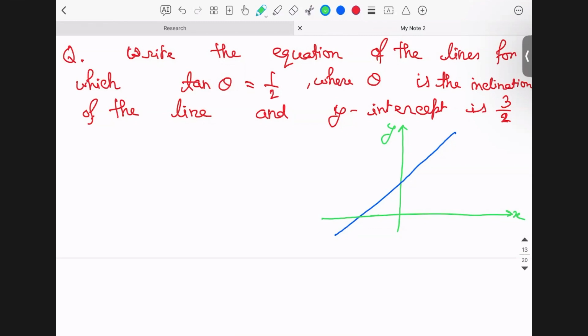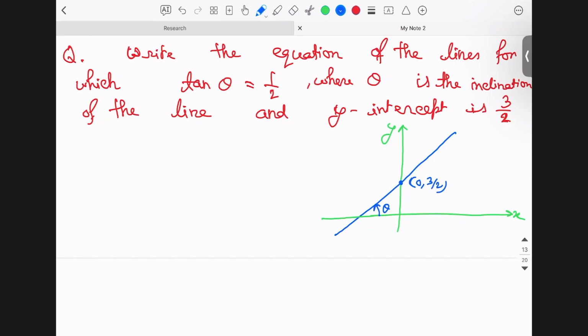So that's what I have maintained here. So tan theta will be this. And the extra information we have is that y-intercept is 3 by 2. So it intercepts the y-axis at 3 by 2 distance. That is, this point will be 0, 3 by 2.